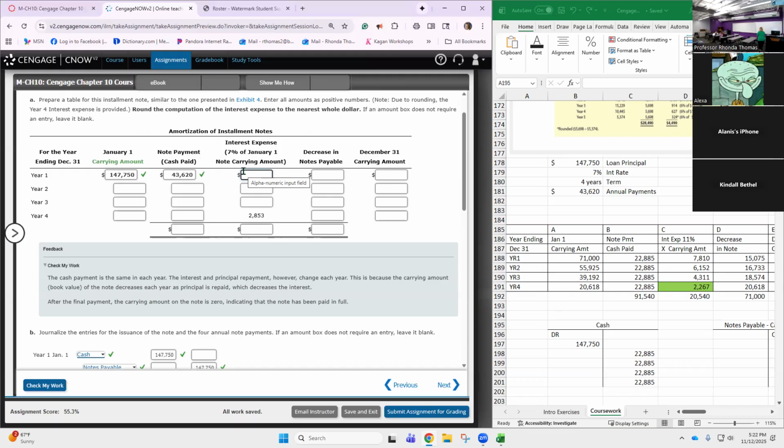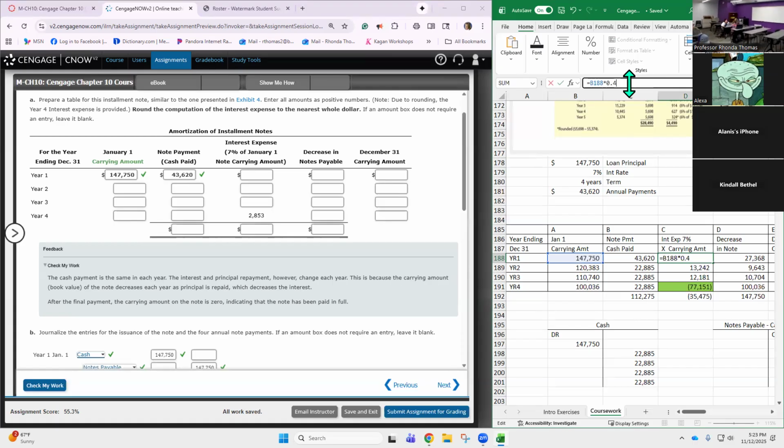So take this times 7% and record the number right there. If you take 147,750 times 7%, how much do you get? I've got a little spreadsheet going on here myself, and I want to put my payment in. So once again, my amount of my note, and here's how much the payment is a year, $43,620, and we want 7%.